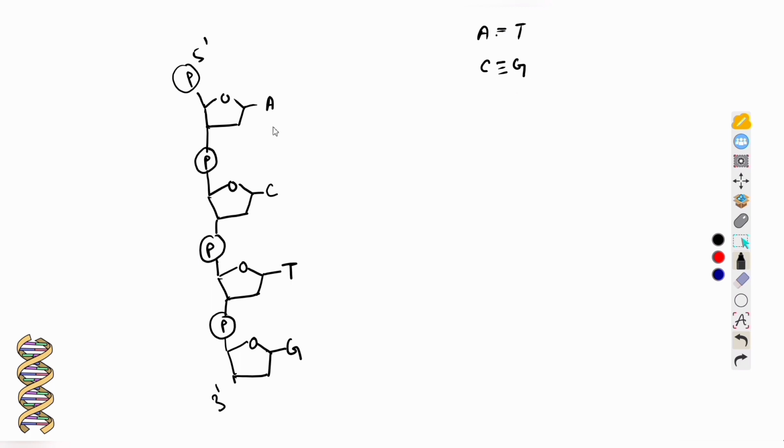Okay, so these are the hydrogen bonds. So the new strand which is formed here is anti-parallel. 5' end. Then the next nucleotide comes. Triple bond will be there.